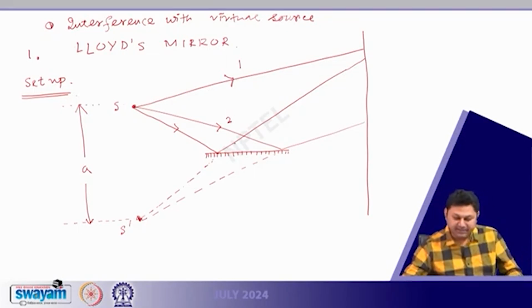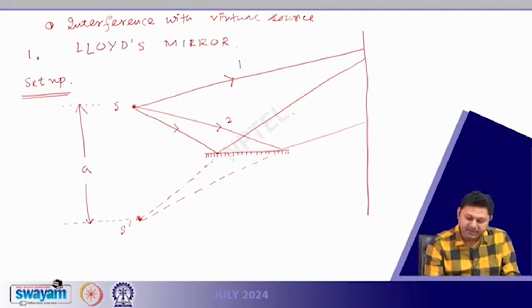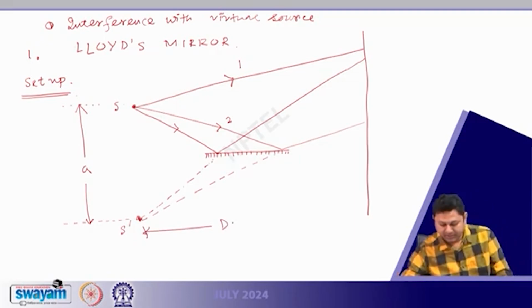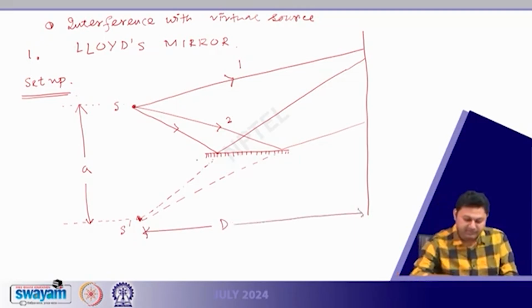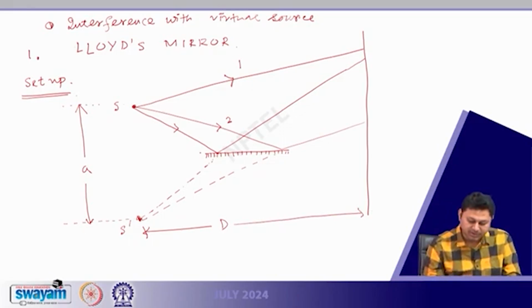So you can see that there is a region where the direct ray and the ray that is coming from this virtual source are going to interfere. So if this length is d, it is exactly like a double slit experiment. This is one source S1 and this is S2. Instead of S1 I write S, which is a real source, and this is a virtual source.